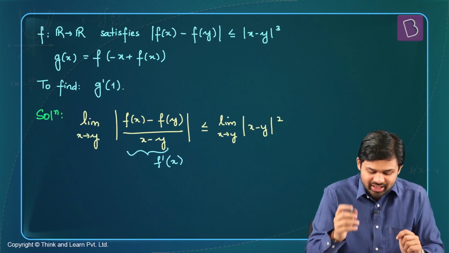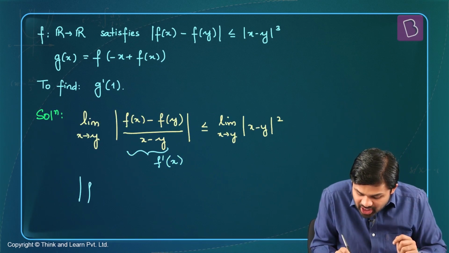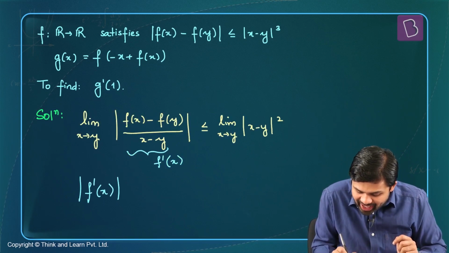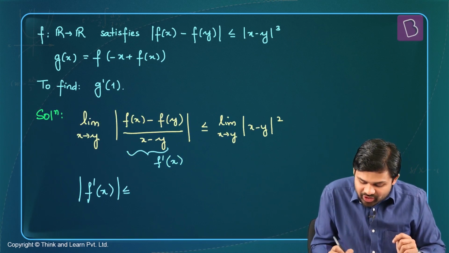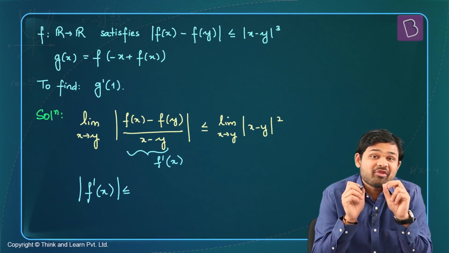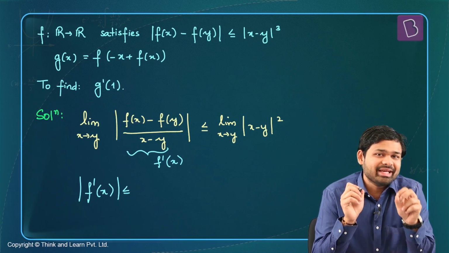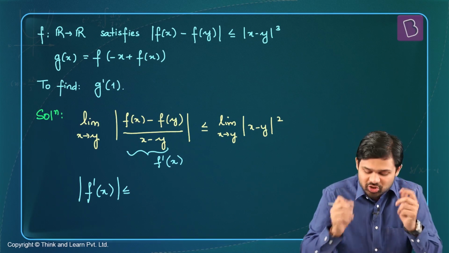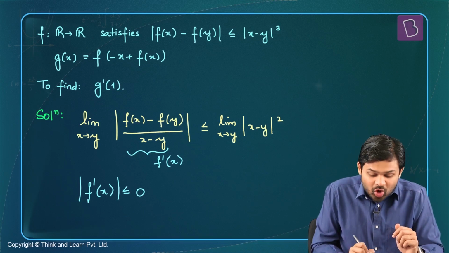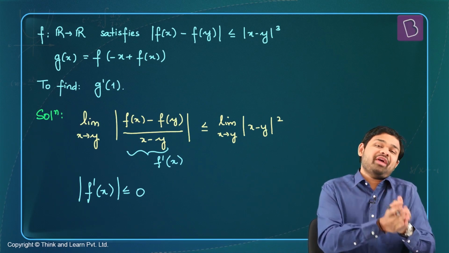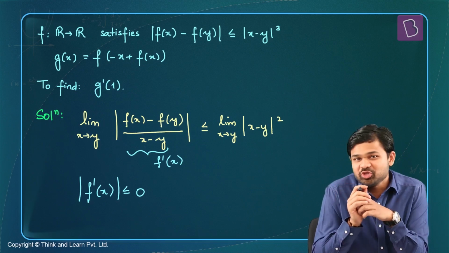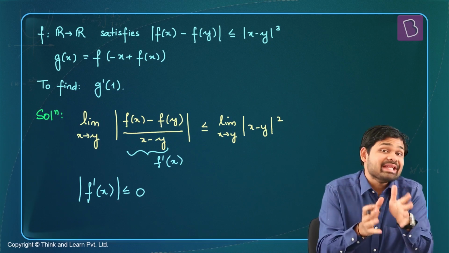A very, very beautiful way of expressing a derivative question. So what you have on the left hand side is actually mod of f dash of x, and mod f dash of x is less than or equal to limit x tending to y of x minus y the whole square. What is limit x tending to y of mod of x minus y the whole square? It's nothing but 0. So on the left hand side you have mod of f dash of x less than or equal to 0. So now comes the analysis bit.